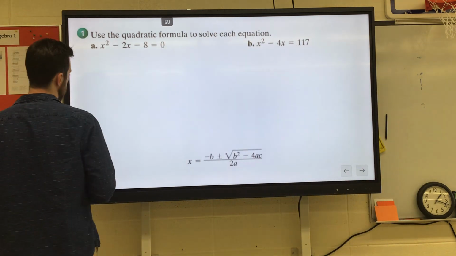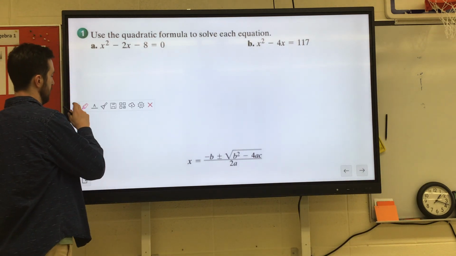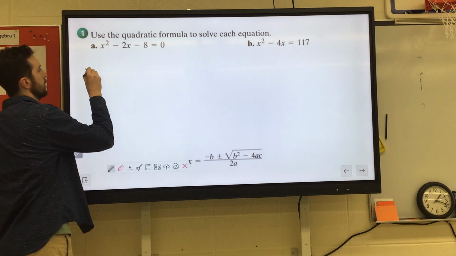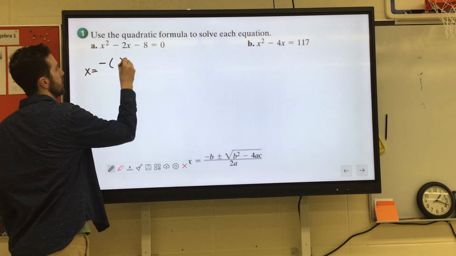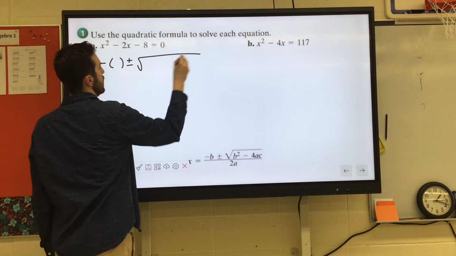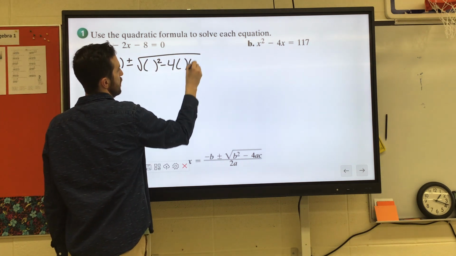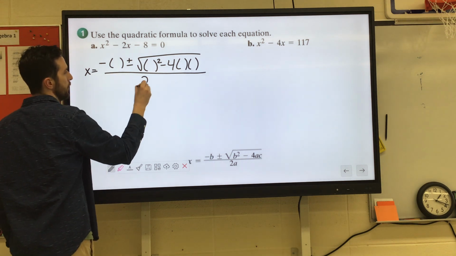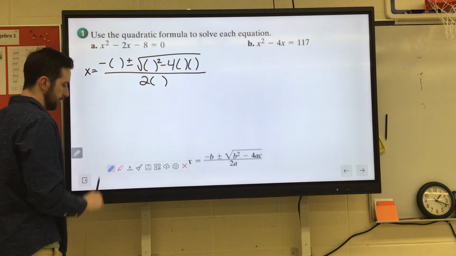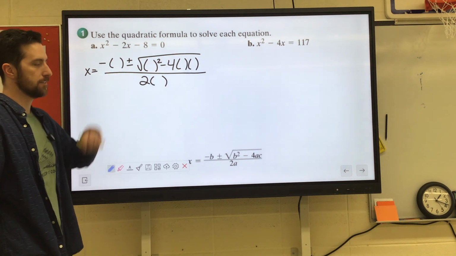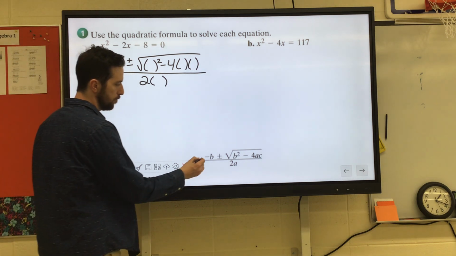So I'm going to set up my skeleton here. Just some blanks in the formula where we have variables that we're substituting in for. So the first two blanks in the quadratic formula are b's.